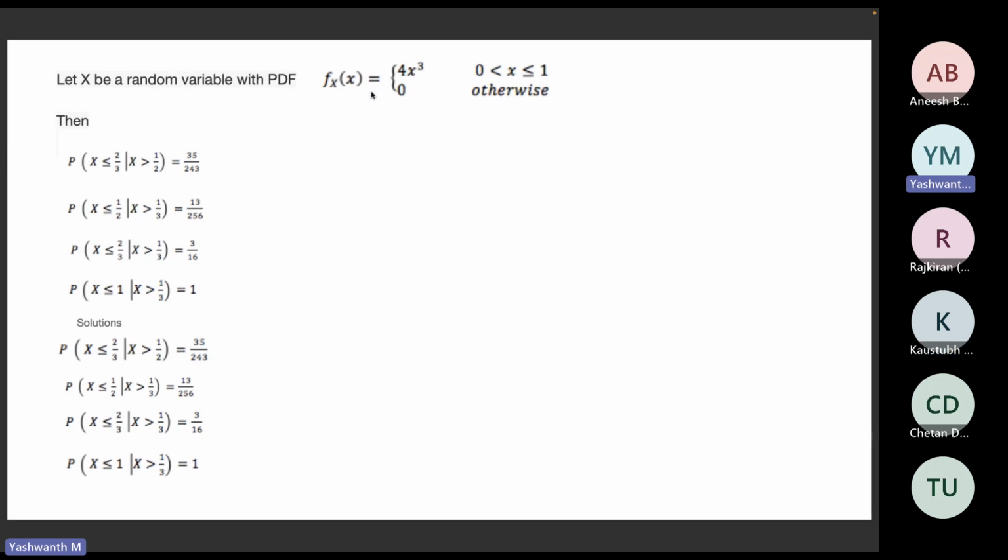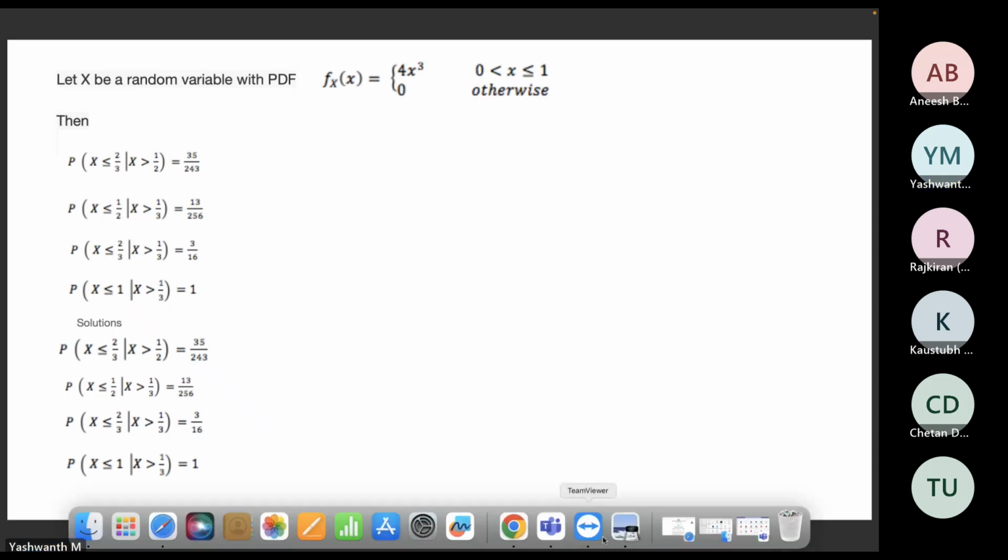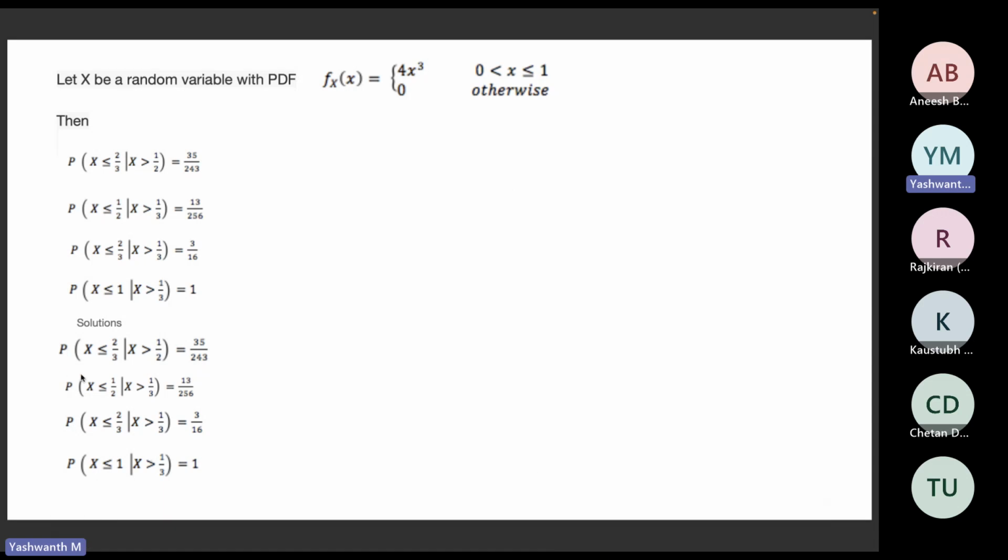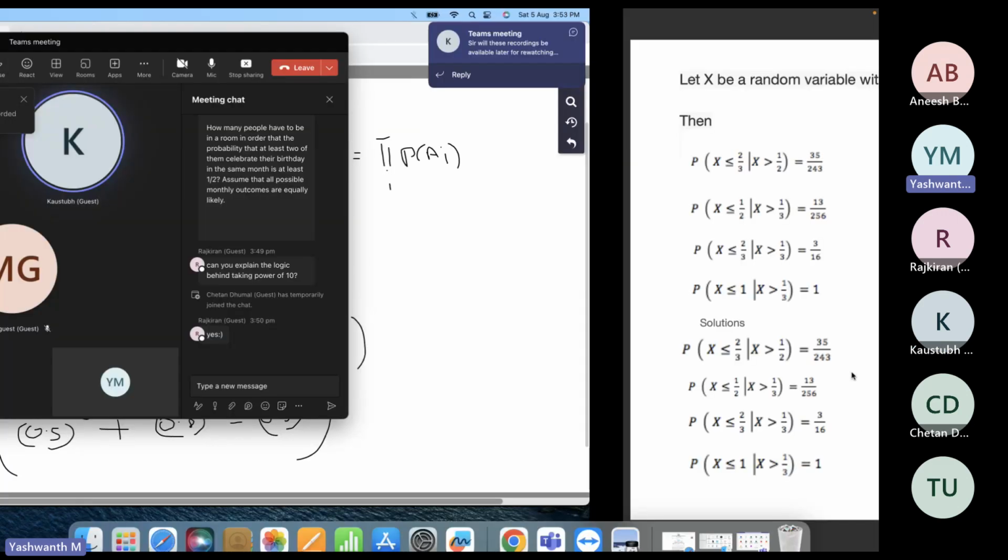You can do this entirely with just the density function. We don't need any other information because it is continuous, so there won't be any issues. So let's do the first thing and also the last thing, because that's easier and tricky.